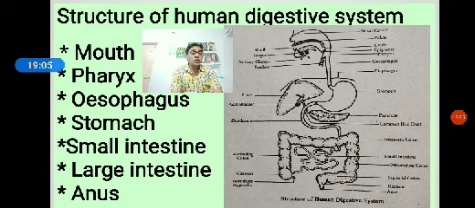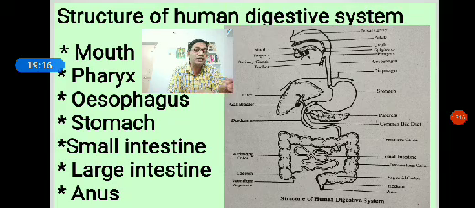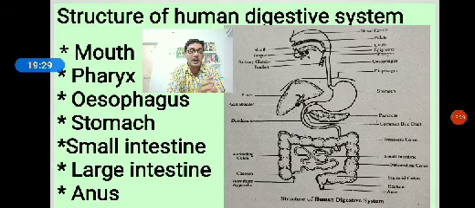Okay, then heterodont. An adult human being has 32 teeth. What are these 32 teeth? They are of four different types. This condition of four different types of teeth is called heterodont. The four different types of teeth are structurally and functionally different.